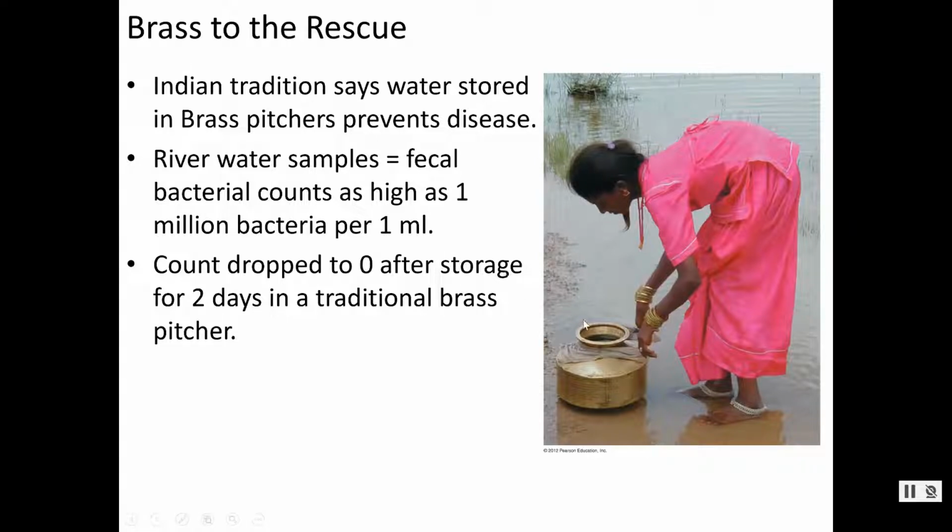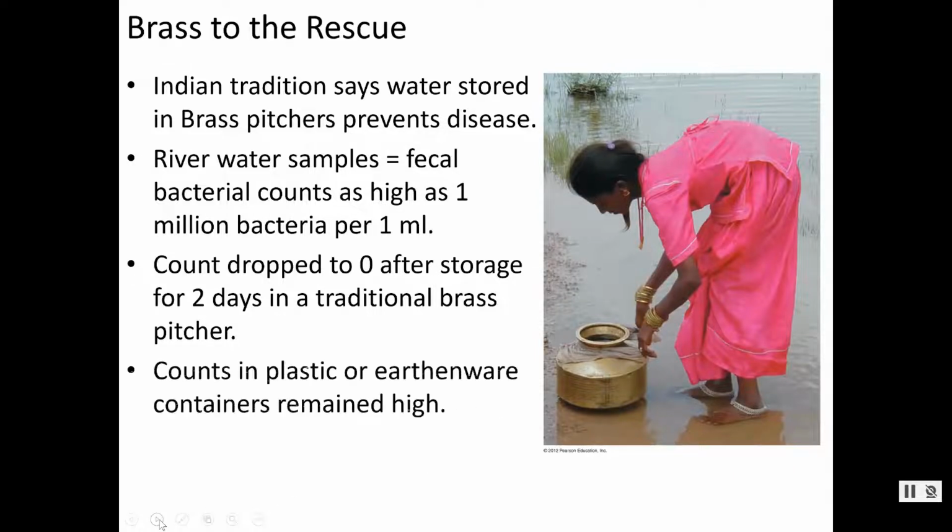So they took river samples immediately, and then they did it after 24 hours and after 48 hours of sitting in these brass pitchers. And what they found was that bacterial fecal counts started out at 1 million per mil and dropped to near zero after 48 hours of sitting in this brass pitcher.